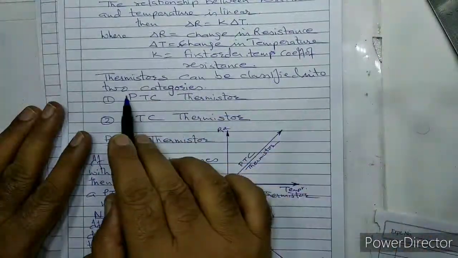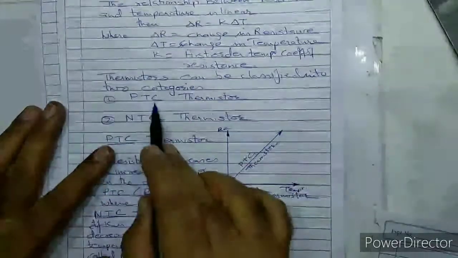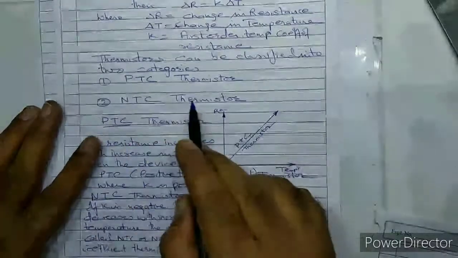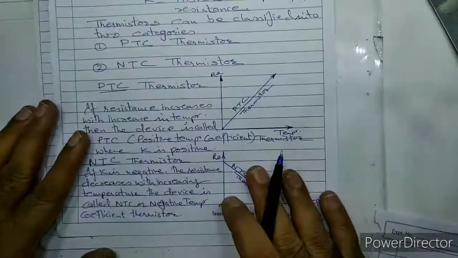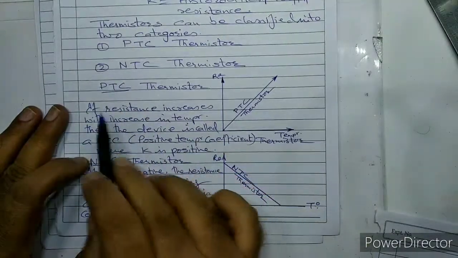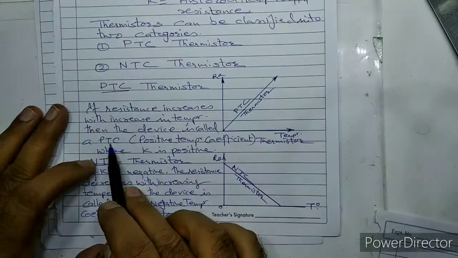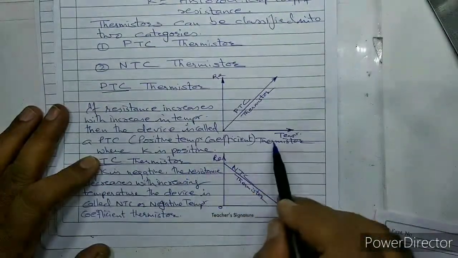Thermistors can be classified into two categories: first, the PTC thermistor, or positive temperature coefficient type of thermistor; second, the NTC thermistor, or negative temperature coefficient type of thermistor. In a PTC thermistor, if resistance increases with increase in temperature, then the device is called a PTC or positive temperature coefficient thermistor.